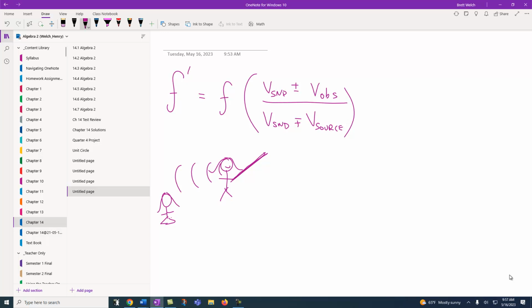As Eliza runs away from Allie, Allie's going to hear a different frequency than what Eliza emits. So let's say that Eliza's frequency is 1350 hertz, and she's traveling with a speed of 7.2 meters per second.